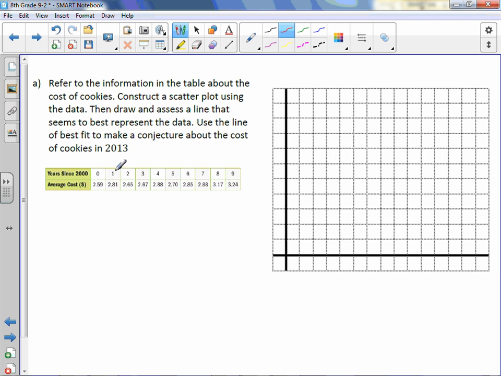So when we look at our years since 2000, it goes from 0 to 9, so I think it's safe to count by ones. So we would have 1, 2, 3, and just keep going until you run out of space here. So 7, 8, 9, looks like we can go to 15.